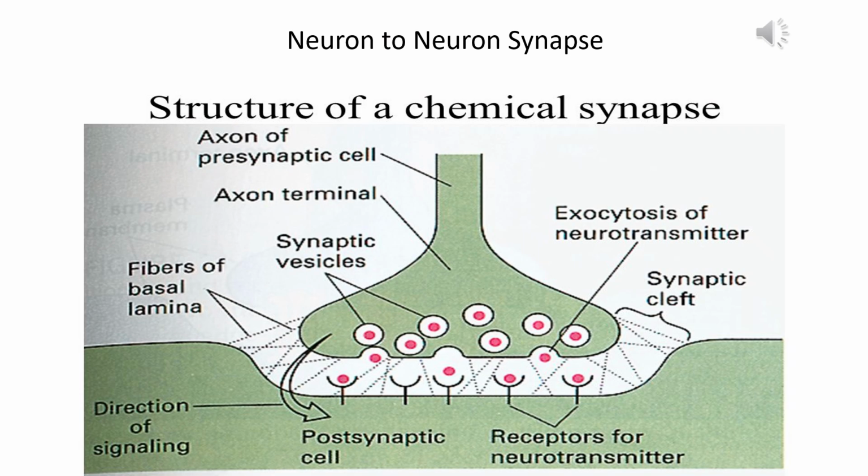So we have to take the summation of the two in order to understand whether the signal will be propagated beyond that point. It may very well be stopped at that point. If the hyperpolarization is greater than the depolarization, then the signal is not going to advance beyond that point. Okay, so this is how things work at the synaptic cleft.